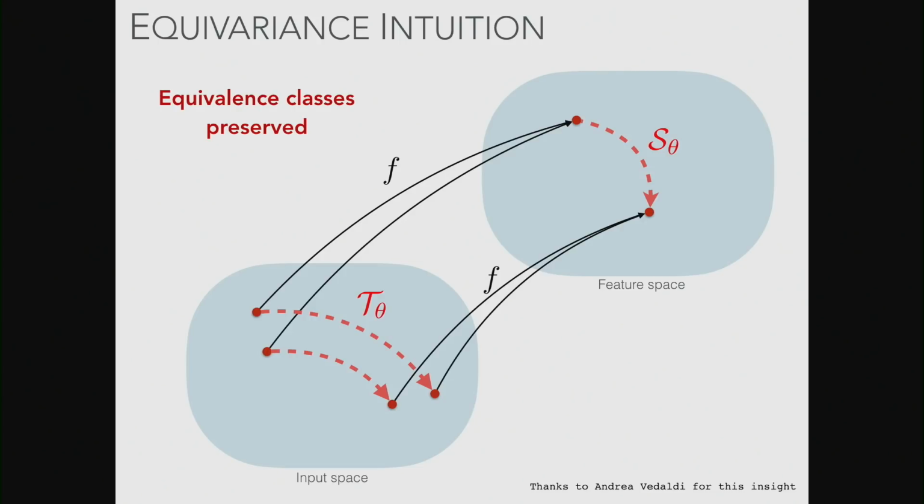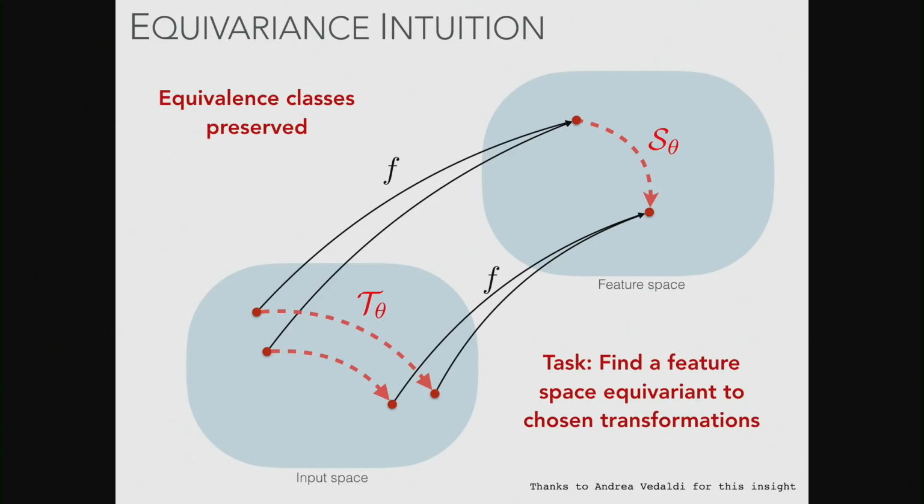And so it's always invariant to that transformation. Equivalence classes are preserved. And so the whole task of machine learning, you might say in the computer vision domain, can usually be boiled down to finding feature spaces which are equivariant to chosen transformations, or if you're really lazy like me, to learnt transformations.